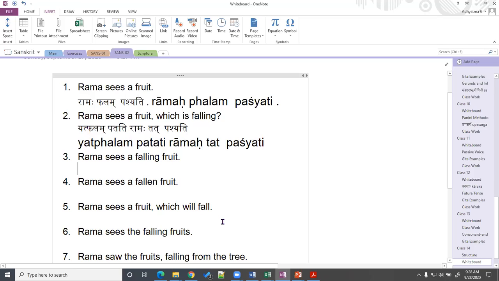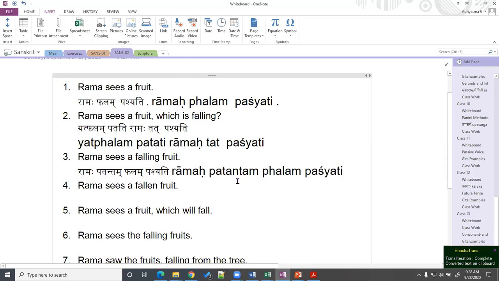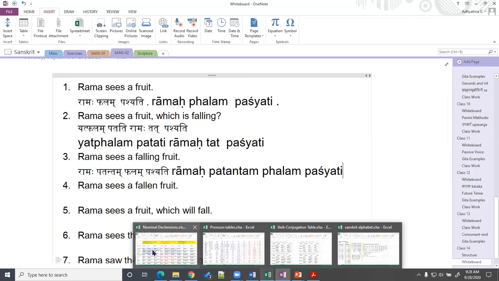Then I can make the sentence: Ramaha patantam phalam pashyati. Where is this word patantam coming from?